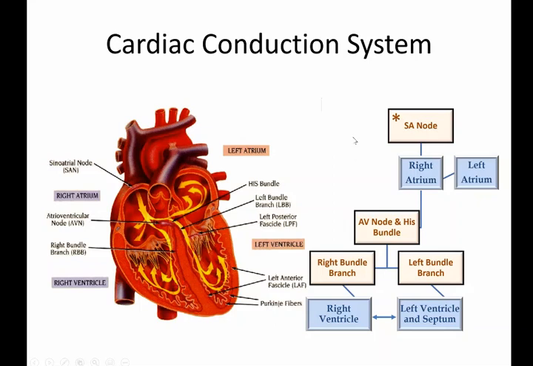So when the SA node does not fire, there are subsidiary pacemakers in the form of the AV node, His bundle, fascicles, or sometimes even the ventricular myocardium, which become the dominant pacemaker. But at any one point of time, whichever pacemaker is firing the fastest becomes the dominant pacemaker. All other pacemakers remain latent. And this is called the concept of protection.